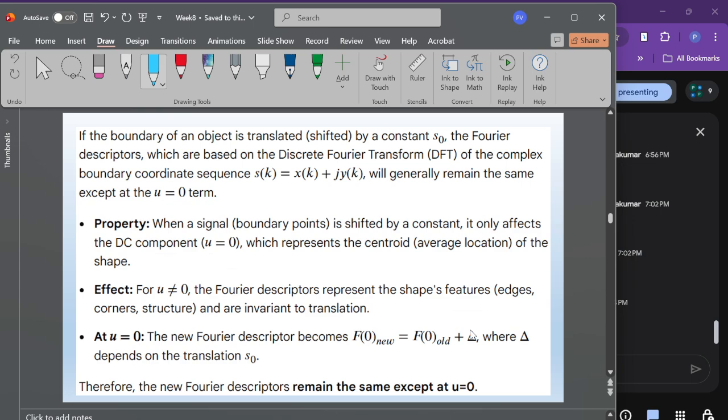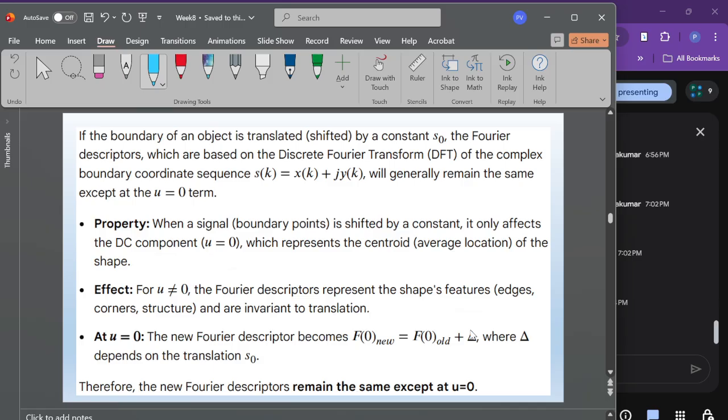The property is, when the boundary points are shifted by a constant, it only affects the DC component at u equal to 0, which represents the centroid or average location of the shape.